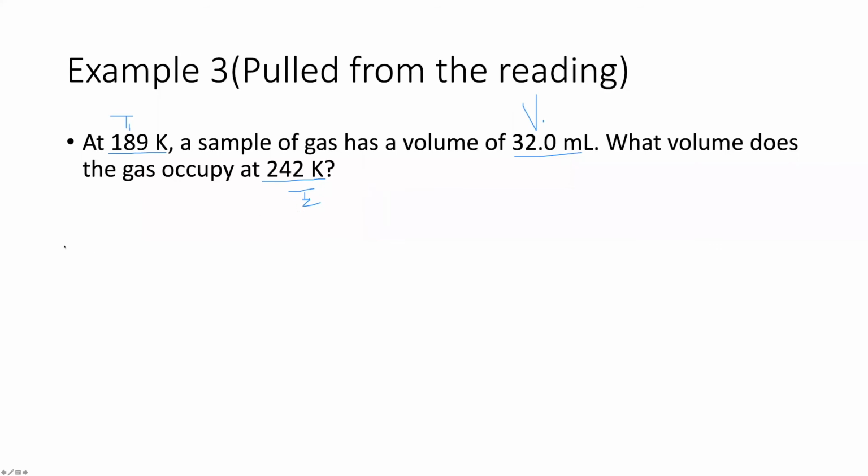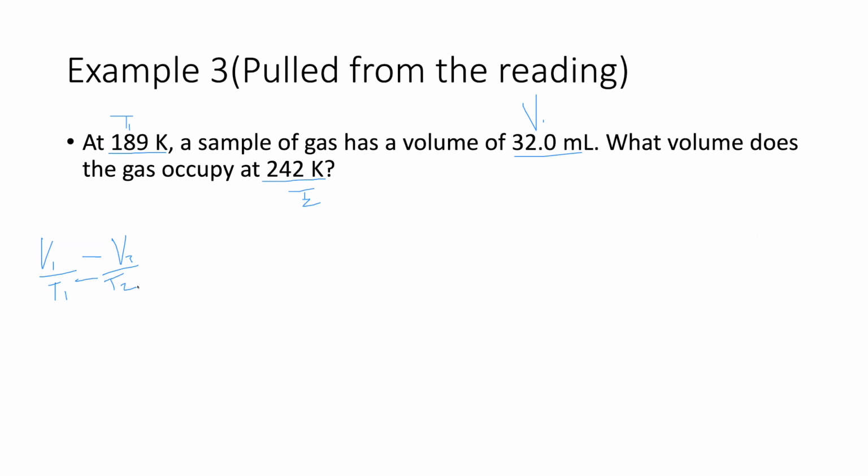So again, the steps are what, guys? We're going to write out our formula. Your formula is V1 divided by T1 is going to be equal to V2 over T2.